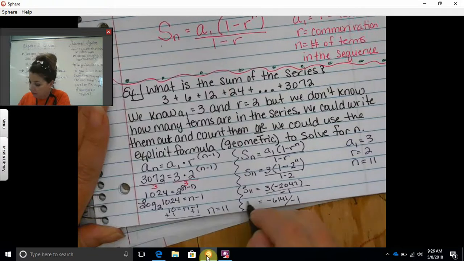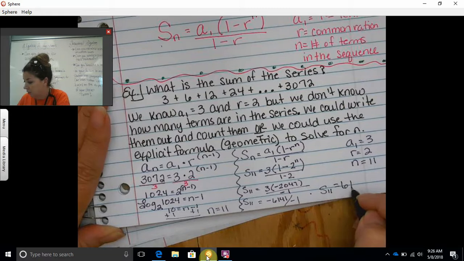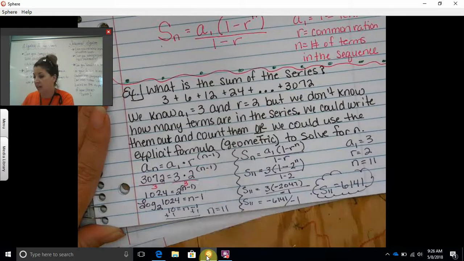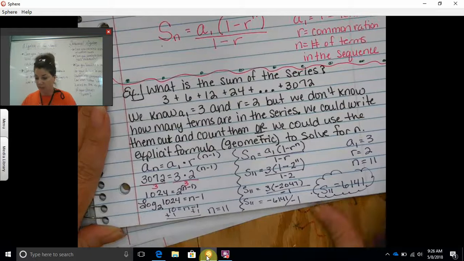So basically, you're dividing a negative by a negative, and the sum of the first 11 terms is 6,141. That's not the 11th term. The 11th term is 3,072. That's if I added the first 11 terms together, I would get 6,141.